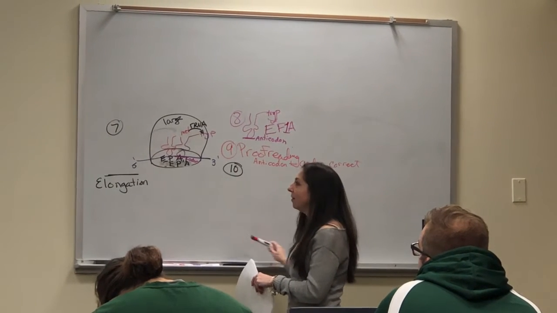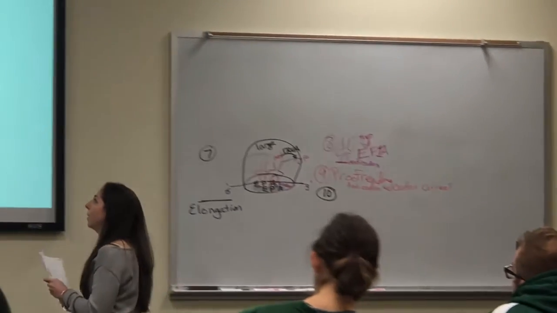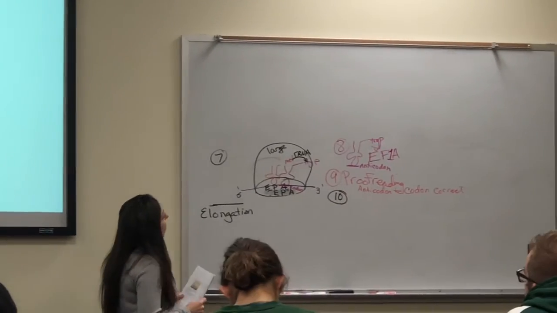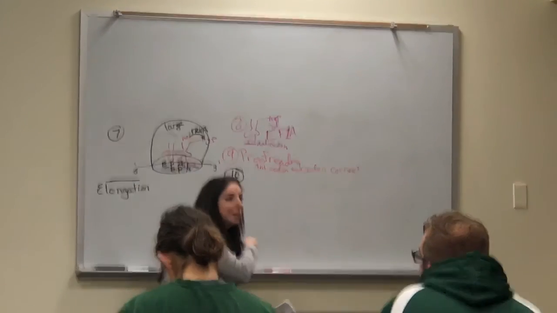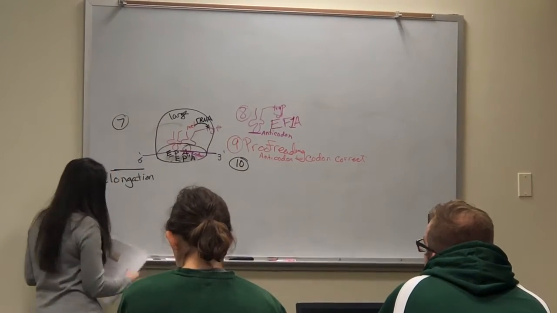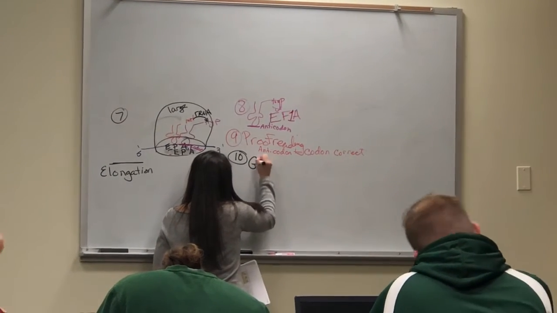All right. So step 10, we made our reaction. In order for this whole thing to be moving down the line, like I keep saying it's moving, it's actually done because of GTP hydrolysis.